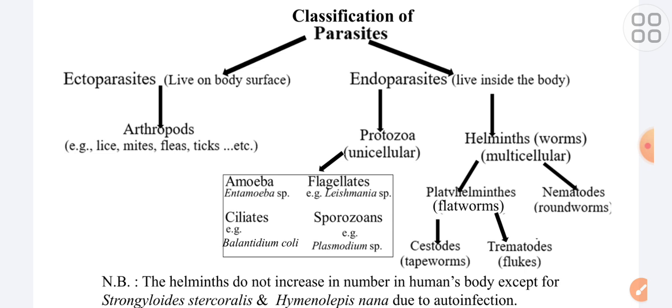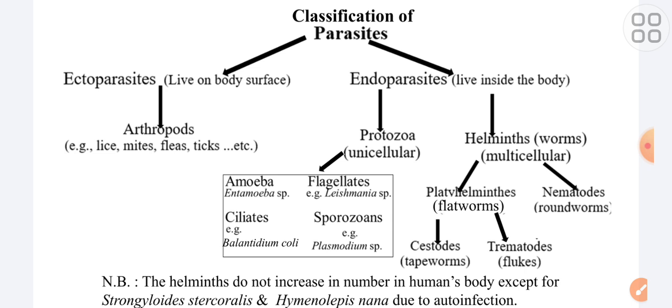They are further subdivided into two major groups according to the shape of the cross-sectional area. So if you cut across the worm, the resulting shape may be round. These are the roundworms, the nematodes. Anatomically, intestinal nematodes and tissue nematodes.